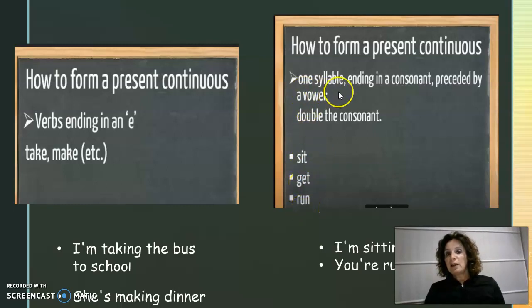They are one-syllable verbs, ending in a consonant preceded by a vowel. What happens here? We have to double the final consonant. Look, I'm sitting outside. You're running fast.